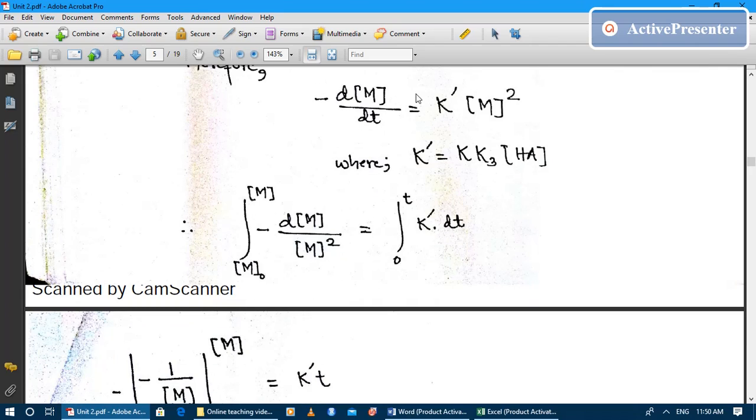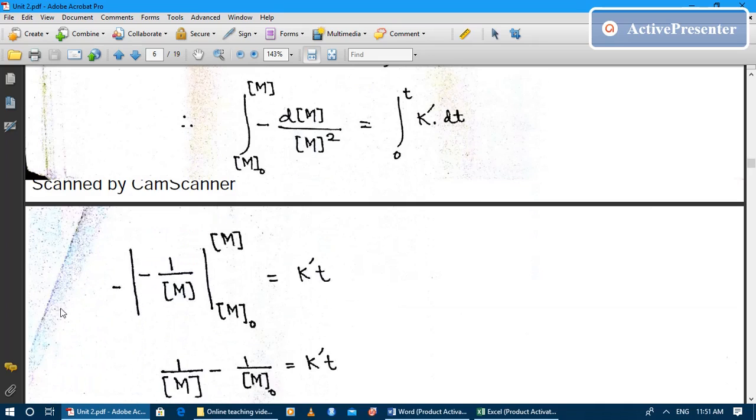So this is my equation, and I can integrate it with respect to time t, from initial concentration M naught to the final concentration M, during the time span t equal to 0 to final time t equal to t.